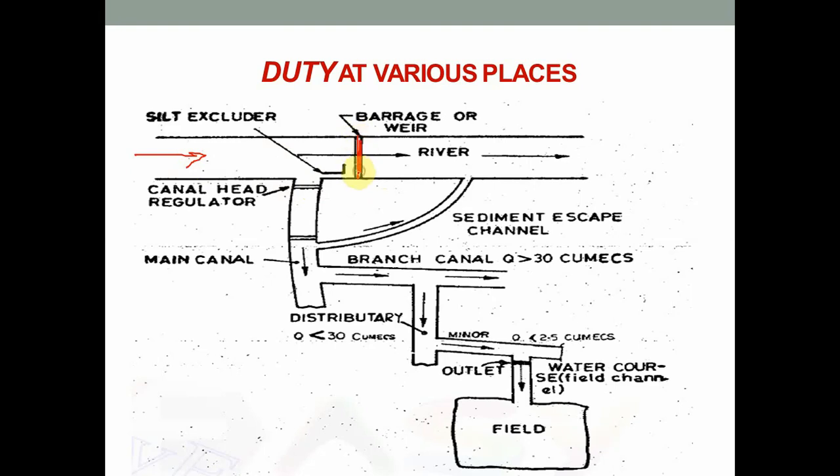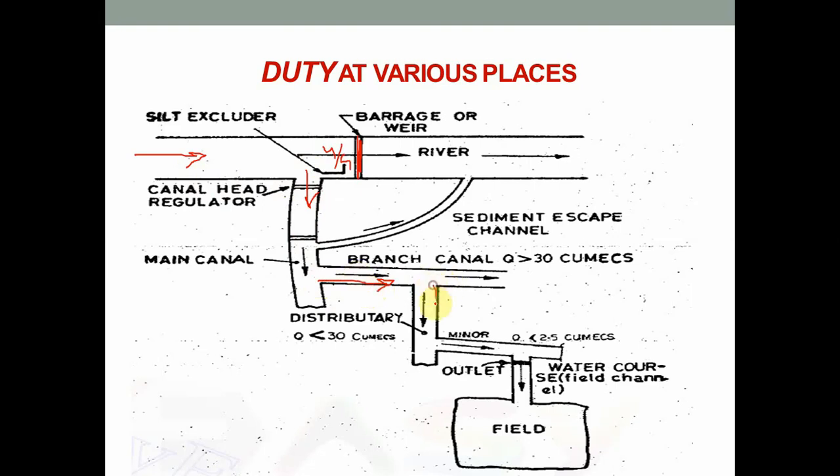After constructing this weir, the water level on the upstream side is increased, and the raised water level goes into this canal. This is the main canal. From the main canal the water goes into branch canals, which are connected to the main canal.